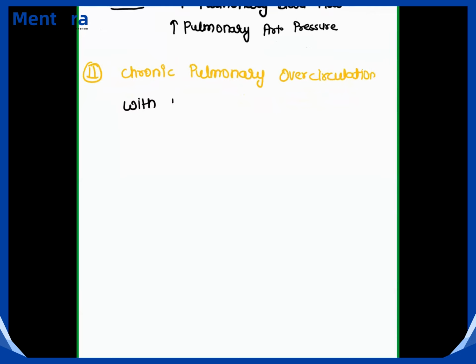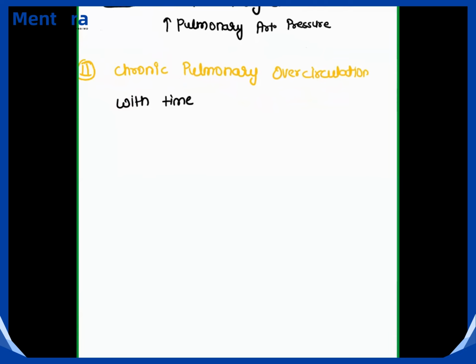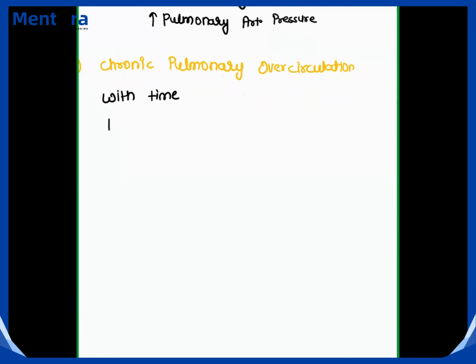Because with time, as this condition is uncorrected, there is persistent high flow as well as high pressure in pulmonary arteries.